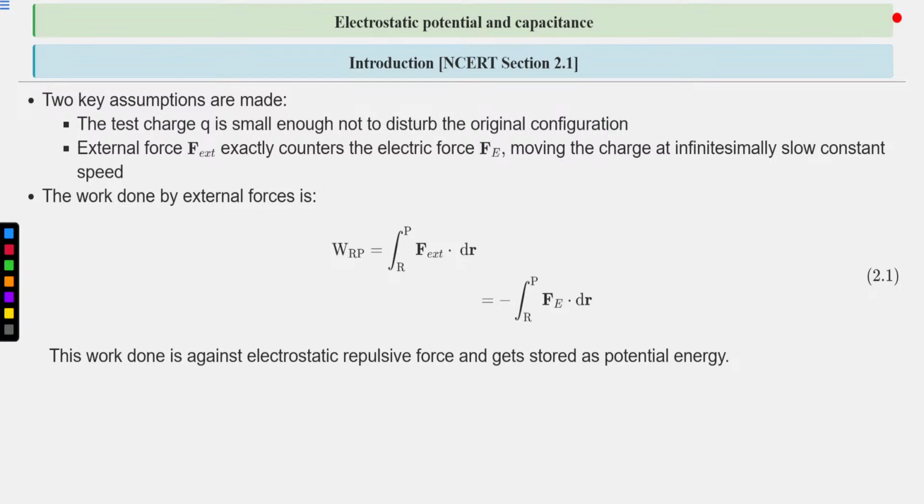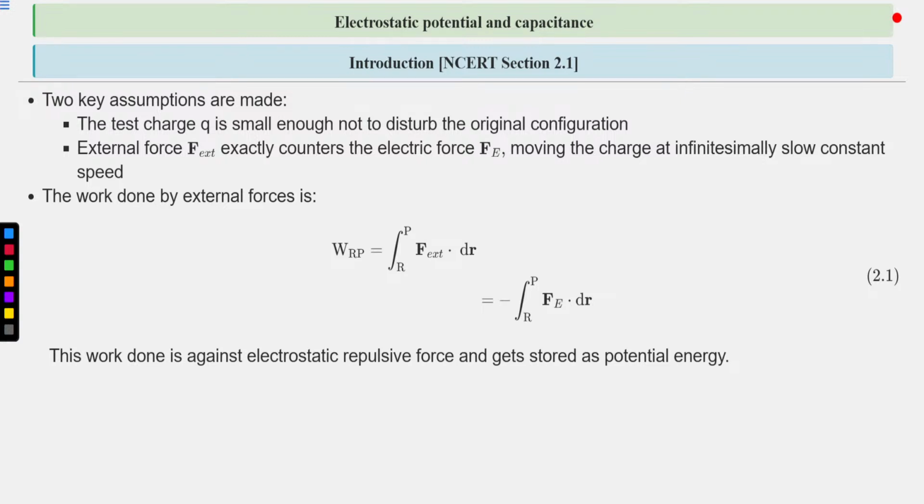So that work done is stored in the form of potential energy. Okay. So I am repeating these assumptions again. First assumption is we have to take the test charge Q very small because we don't want it to interact with the source charge, so it should not disturb the original configuration.